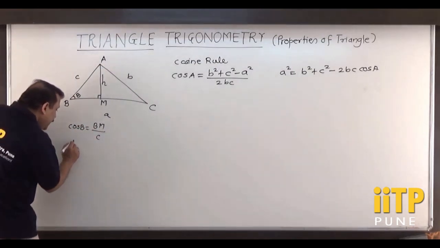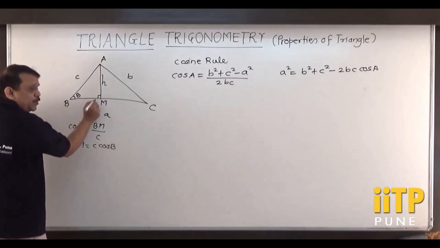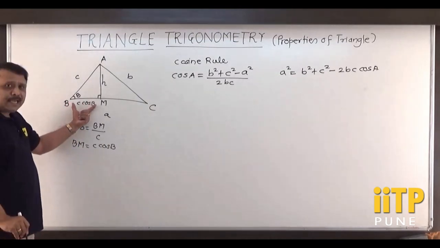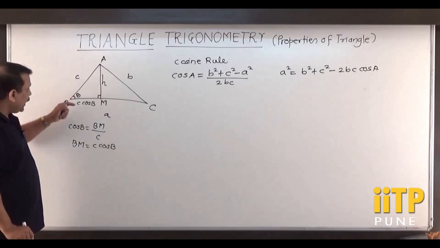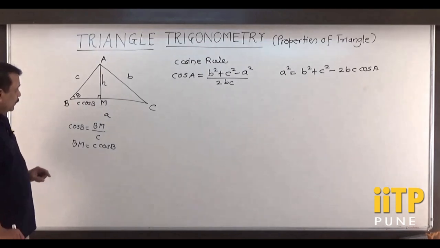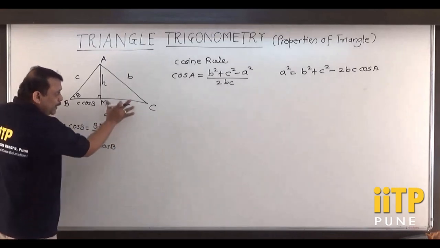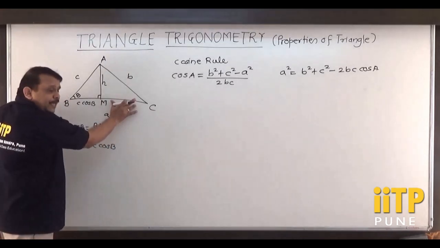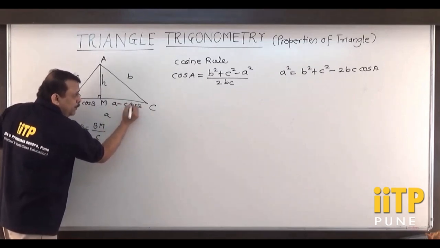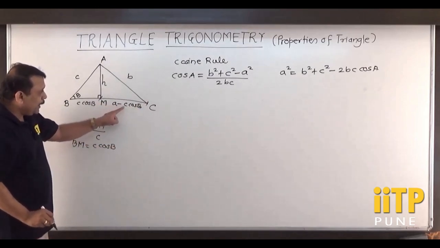So this BM becomes c cos B. So this much distance is nothing but c cos B. So adjacent side of the angle B, I can write hypotenuse times cosine of the angle B. Now because this total distance BC is small a, one can write the distance MC as small a minus c cos B.